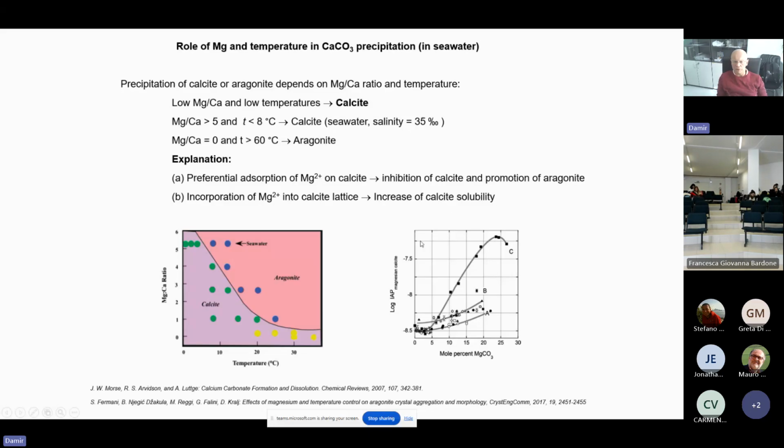On this graphical presentation, you can see how strongly magnesium can be incorporated in the structure of calcite. Even 20% of magnesium can be incorporated, and the solubility product of such material is much lower than the solubility product of calcite.